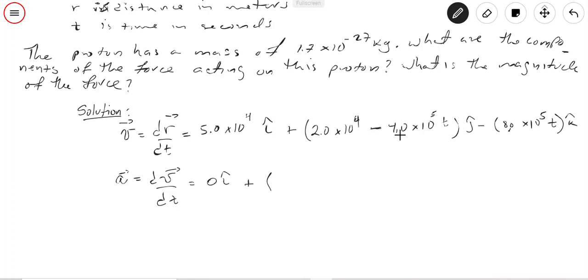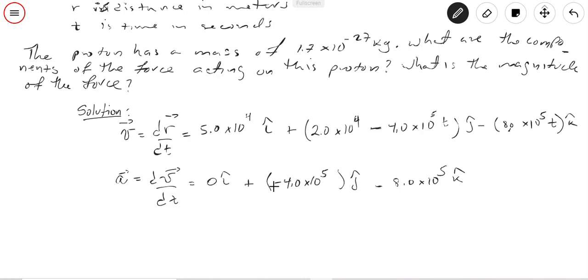And the first derivative of negative 4.0 times 10 to the 5th t would be negative 4.0 times 10 to the 5th j. And then, sorry, the first derivative of 8.0 times 10 to the 5th t is going to be 8.0 times 10 to the 5th k.